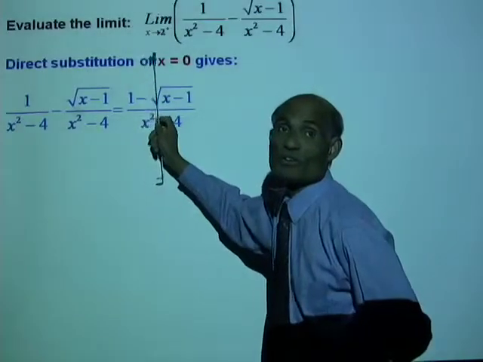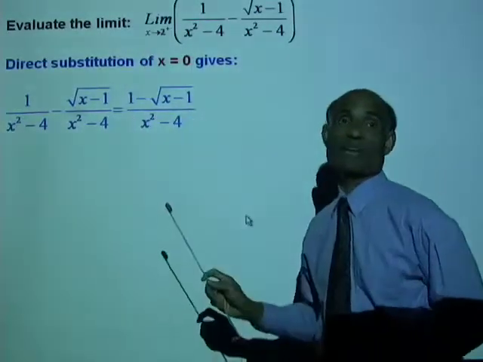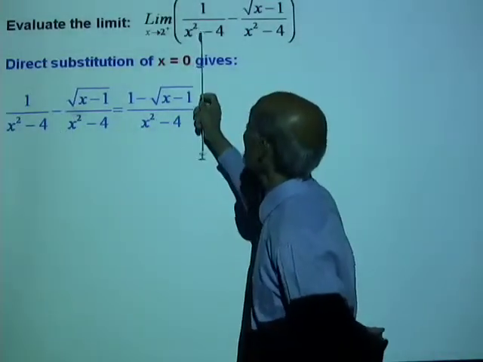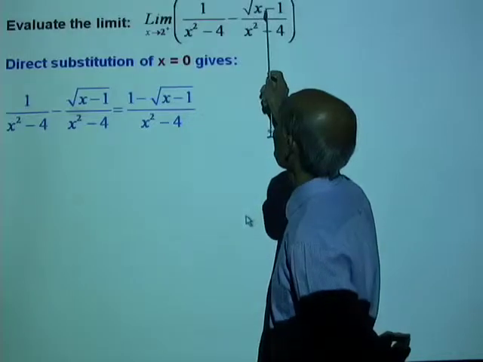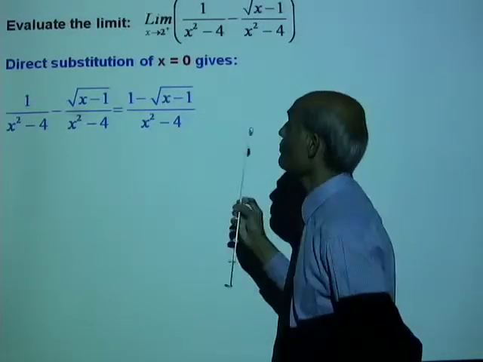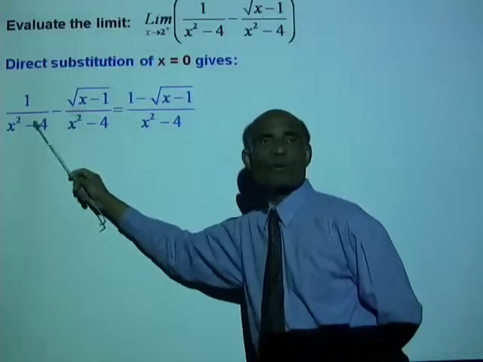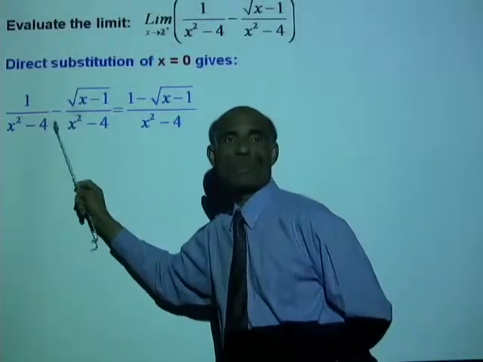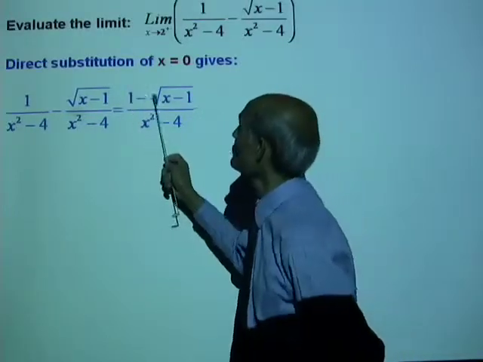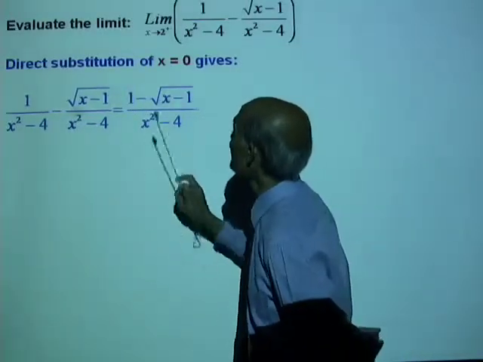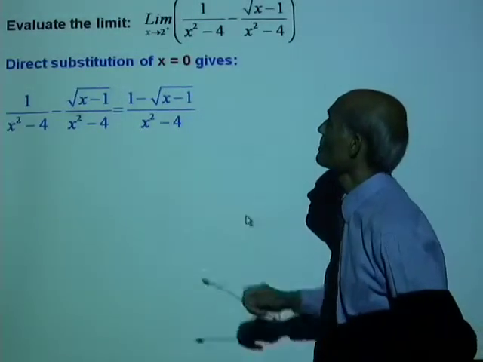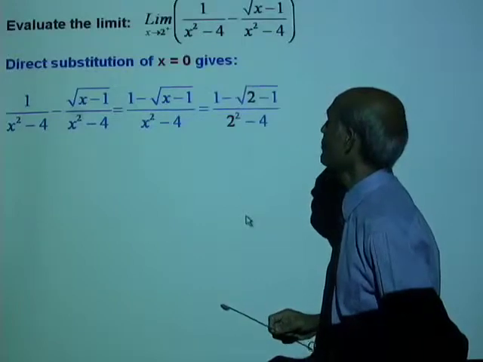So let's do some simplification and see what happens. We have 1 over x squared minus 4, minus the square root of x minus 1, over x squared minus 4. We can write it as a single quantity by taking the common denominator, x squared minus 4. So that becomes 1 minus the square root of x minus 1, divided by x squared minus 4.